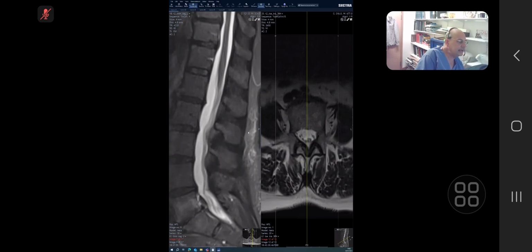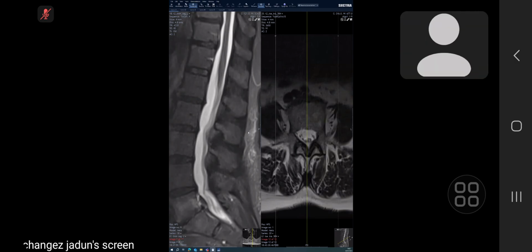What should be the level of the conus with a tethered cord? The conus normally should end at the L1 and L2 level, but when it goes downward, then we say it's tethered.